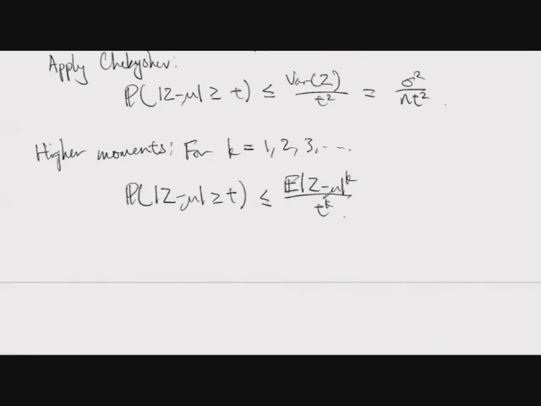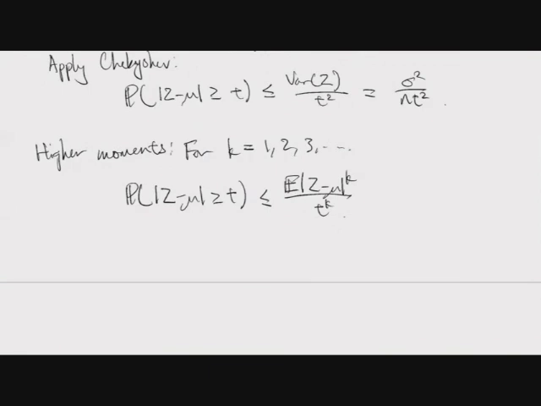Okay, so now the question is, we have this bound for any k. The random variable z has not changed, it's still the same random variable, but the quantity on the right-hand side, the bound, has changed. So we have an entire family of bounds, one for every value of k, and the question is, which one do we choose?